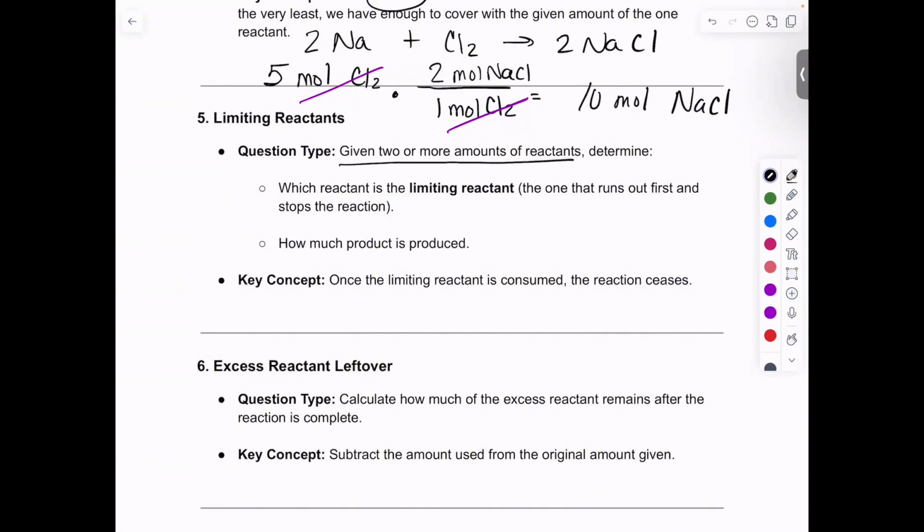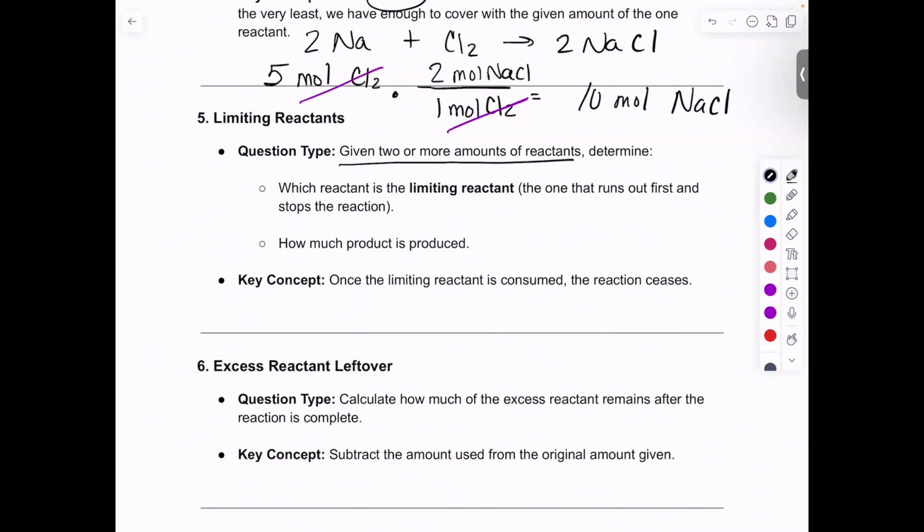So the key here, and again, I'll use moles as an example. You could be given grams. As a matter of fact, the sample problem that I give after this video gives grams. We're given a certain number of grams of aluminum and a certain number of grams of oxygen, and you need to determine product from that. So we'll stick with moles here.